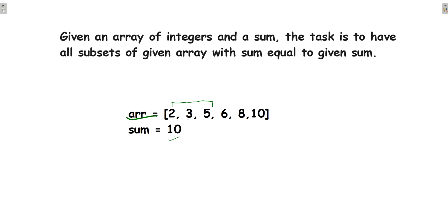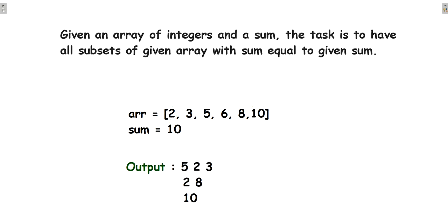One combination can be 2, 3, 5. Another combination can be just one number, 10. And here we have 8 and 2. So there can be three subsets: 5 2 3, 2 8 and 10, as their sum is equal to 10. Now let's solve this subset sum with the help of recursion.